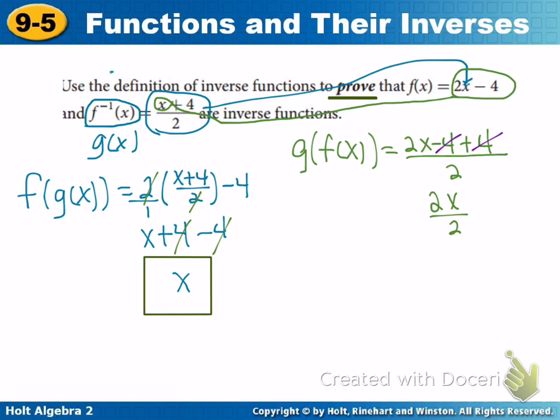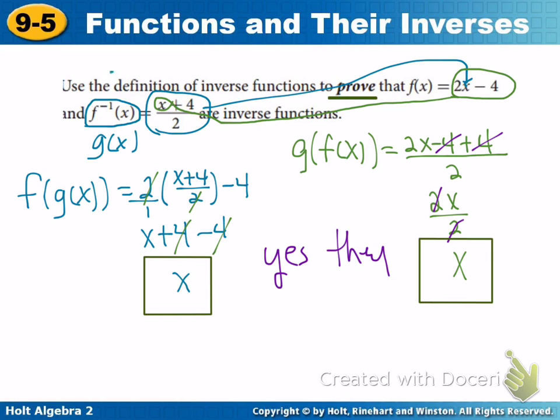Now we can do what? Okay, the 2s will cancel. And what are we going to have left? So what does that tell us? They are true inverses of each other. You are correct. So we would say that yes, they are inverses. We have proven it.